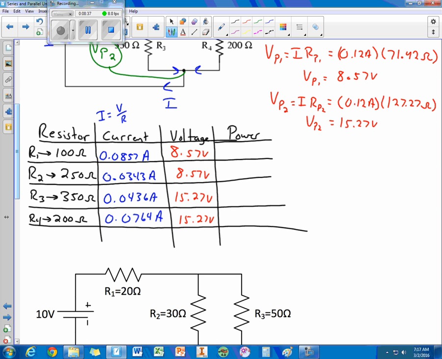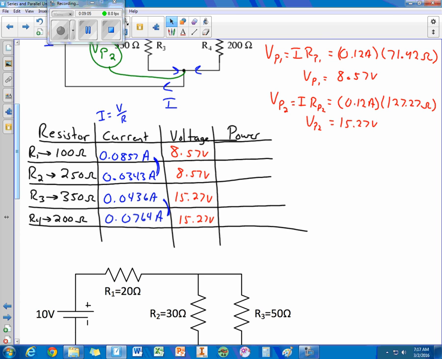For this first one, I just do 8.57 divided by 100, then 8.57 divided by 250, then 15.27 divided by 350, then 15.27 divided by 200. And these two right here should add up to give me my 0.12 amps, and then these two should add up to give me my 0.12 amps.